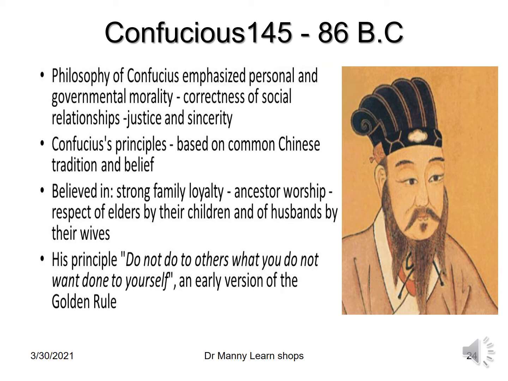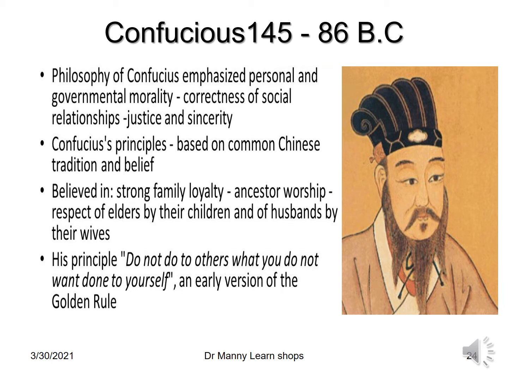China. You've got Confucius, 145 to 86 BC. The philosophy of Confucius emphasized personal and governmental morality and correctness of social relationships, being just, being sincere. Confucius' principles were based on Chinese tradition and beliefs, and they had a strong belief in family loyalty, ancestor worship, respect of elders by their children, and of husbands by their wives.